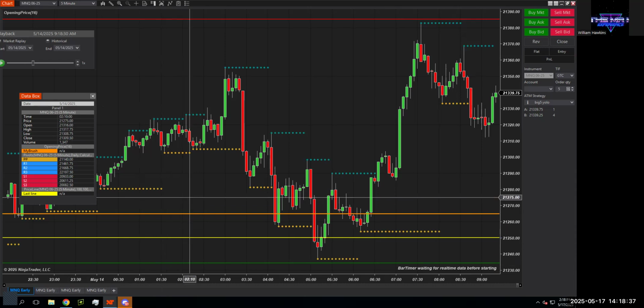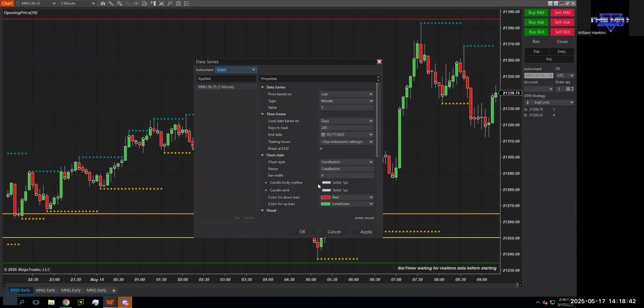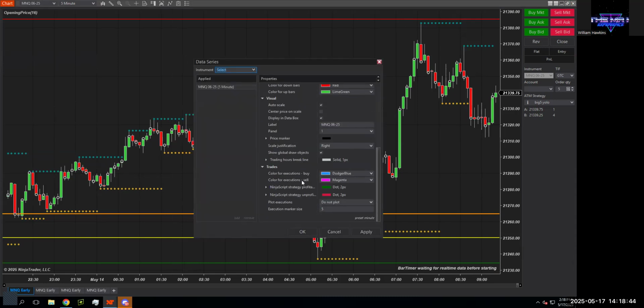You can put it on there. You just double click on any of the candles, and if you scroll down, it should say trading hours break line. So yeah, you can put it. I just have mine turned off, but you can turn it on.